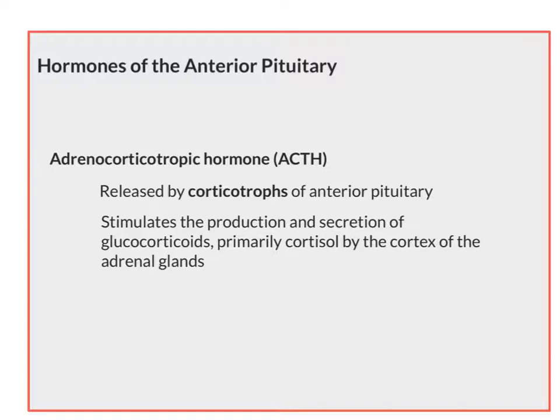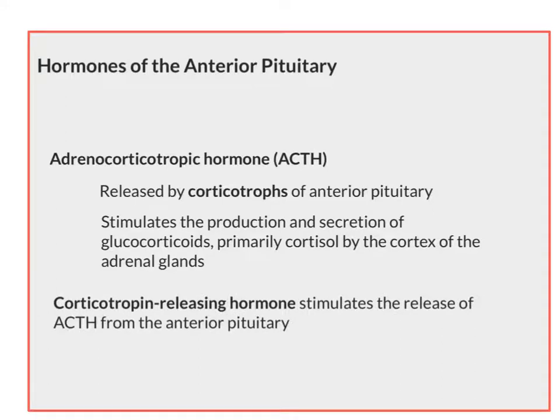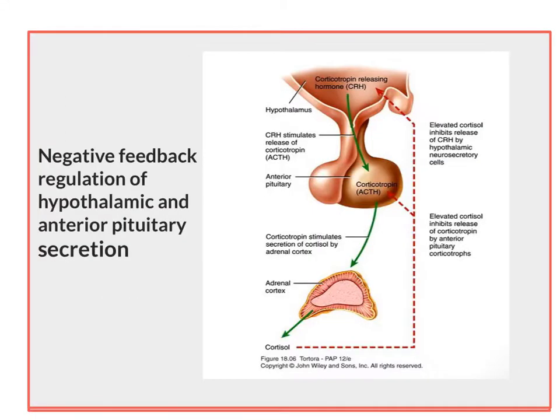Corticotropin releasing hormone, abbreviated CRH, which is released from the hypothalamus, is going to stimulate the anterior pituitary to secrete adrenocorticotropic hormone.